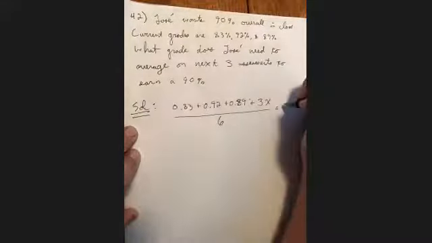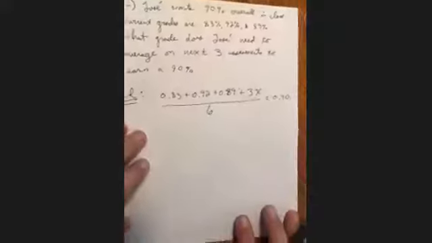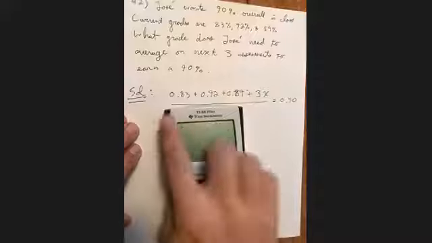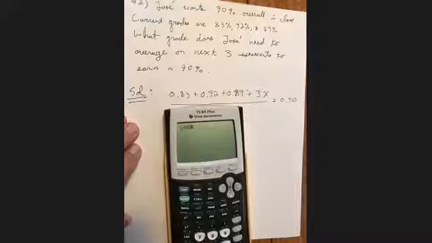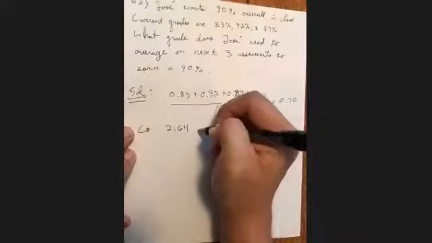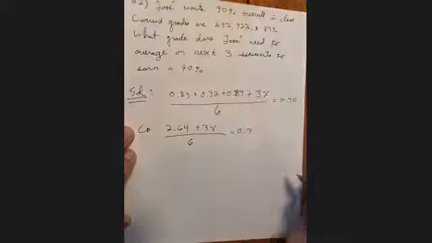When we compute this average, we want to get 0.90. So we just need to solve for X. Start off by adding up these numbers, 0.83 plus 0.92 plus 0.89, and that gets you 2.64. So 2.64 plus 3x over 6 equals 0.90.